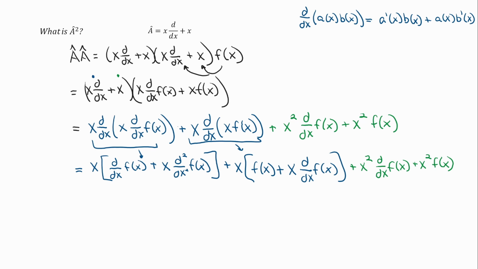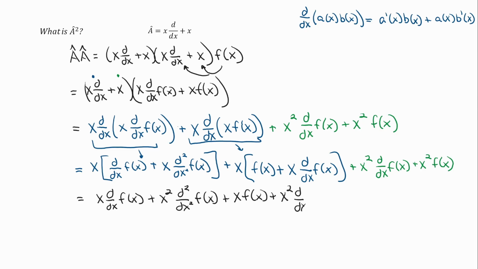So now let's work on distributing out these x's and combining all of these like terms. So here, we're going to end up having x d over dx of f of x plus x squared, the second derivative of f of x plus x times f of x plus x squared d over dx f of x plus x squared d over dx f of x plus x squared f of x.